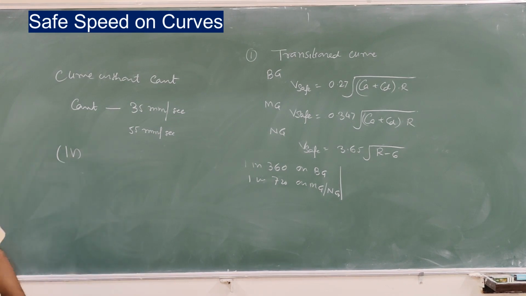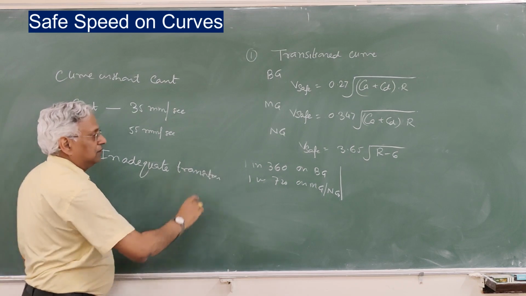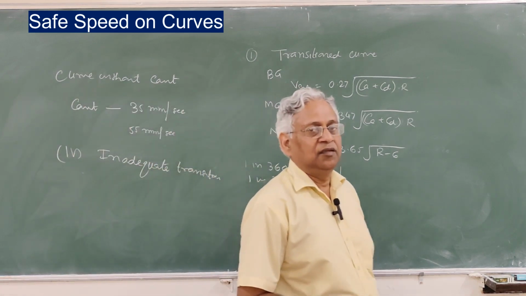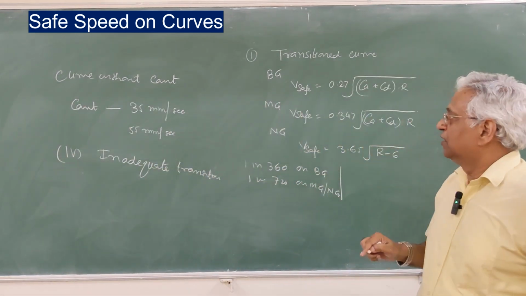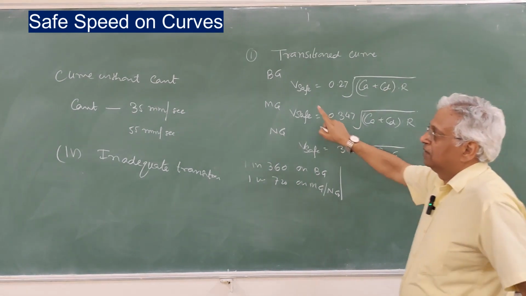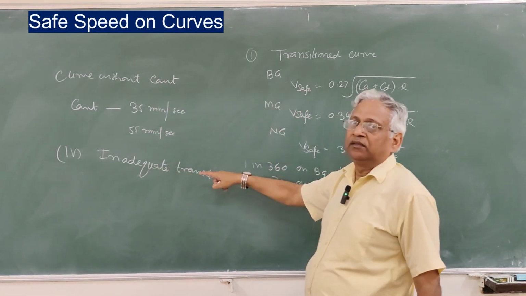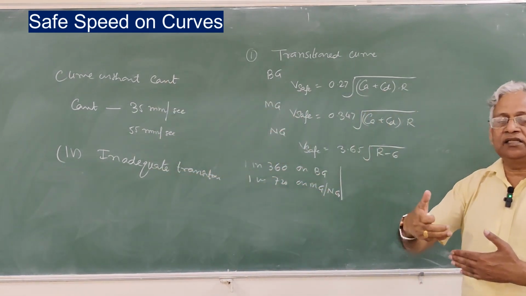The fourth case could be when you have inadequate transition. Means there is a transition length, but it is not sufficient. So here it is fully transitioned, no transition, without transition and without cant, and with inadequate transition. So transition length is limited.